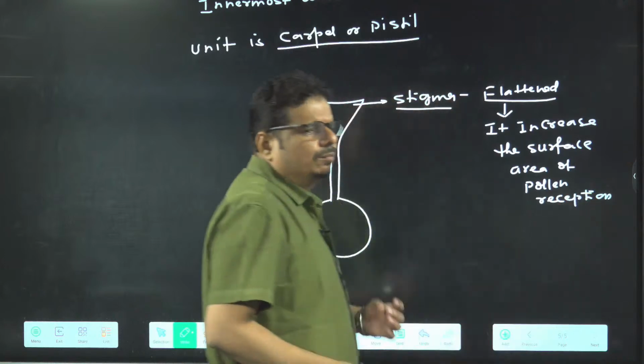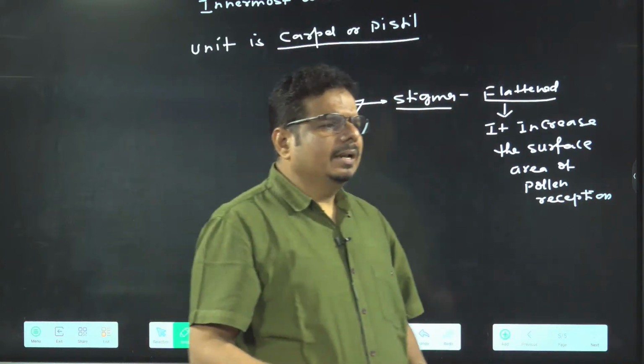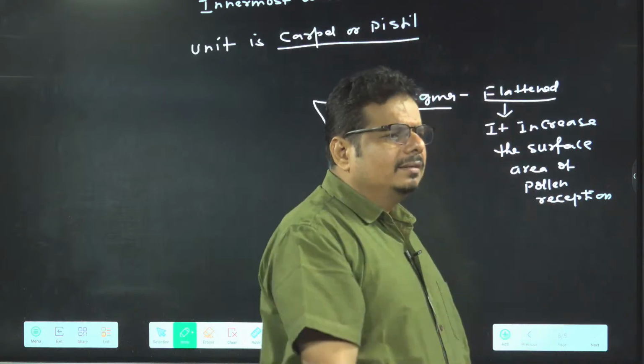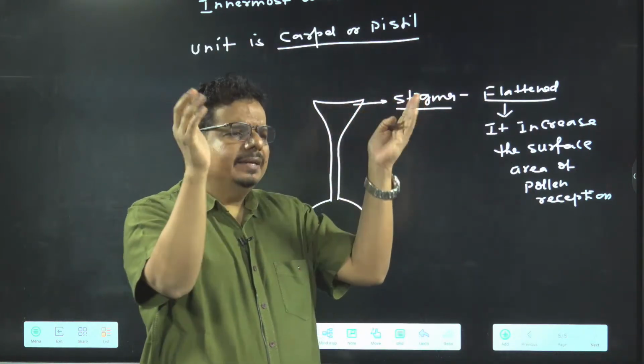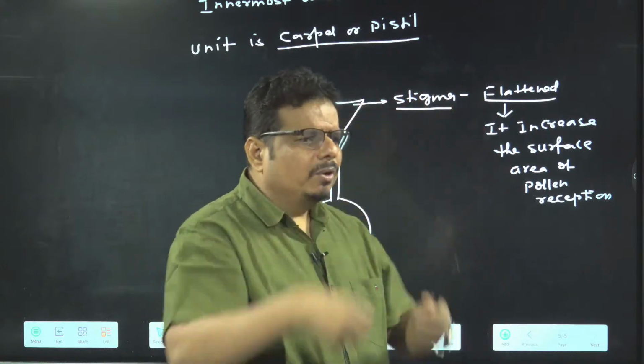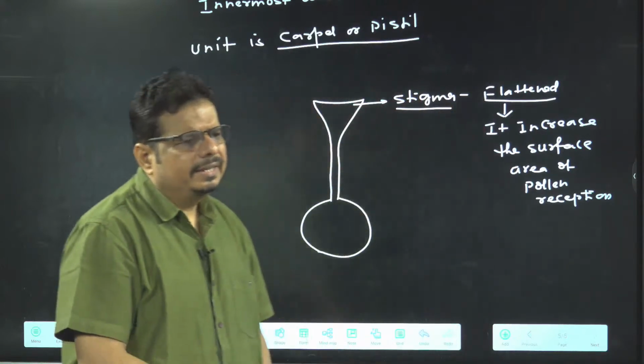More exposed, more surface area. Pollen grains land on the stigma, so if there is more surface, the landing area increases, so the chances of receiving pollen increase. Is it clear or not?